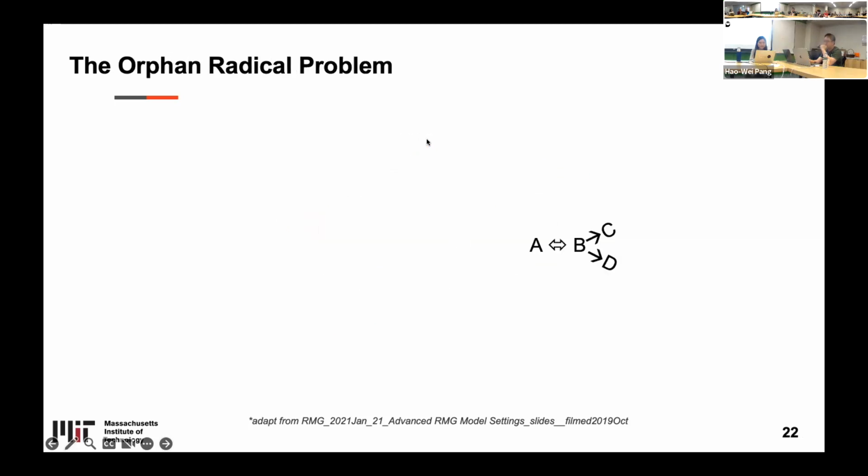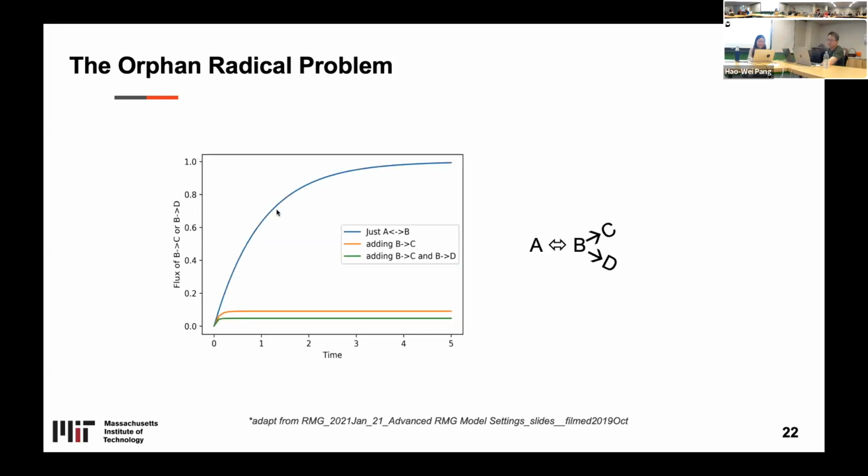The second problem RMG can have is if A can become B and B can become 2 kinds of species, and the sequence in which RMG puts C or D into the core matters. If RMG only has A to B reactions, the fluxes from B to C and B to D are high.